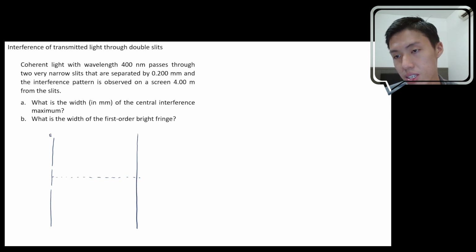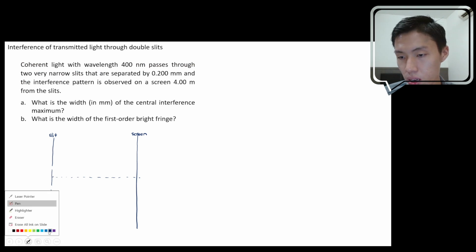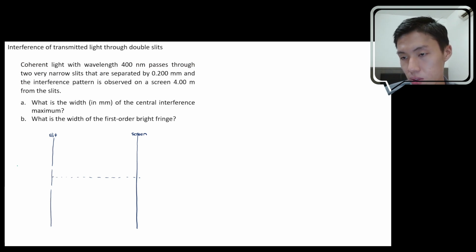I'll label this as the slit, and this as my screen. So right now they say that you have coherent light of 400 nanometers passing through two very narrow slits. Let's say today this is your light. Your light comes in like a plane wave, incident on this slit over here.